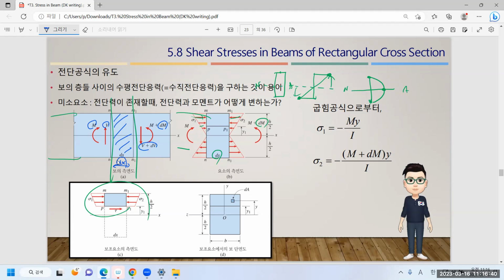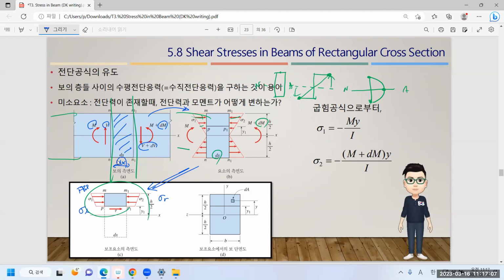Based on this, we will dive deeper. This is the mid section with the applied moment. All the things are the same, but the question is how to derive the equation. You can see this is like a free body diagram. From the left, stress left is applied, and this is stress right.